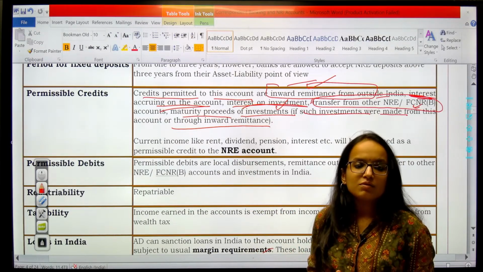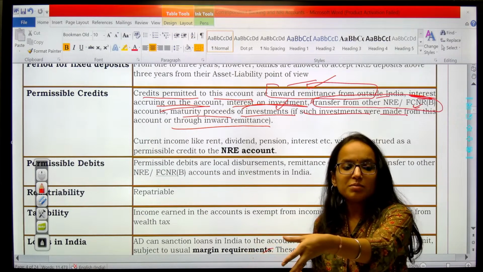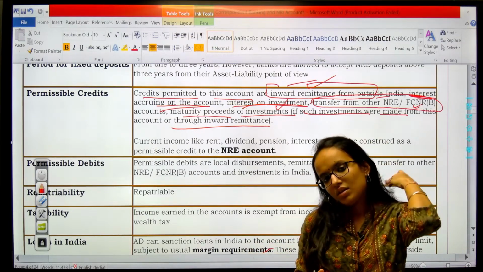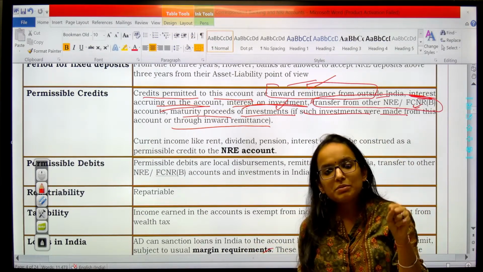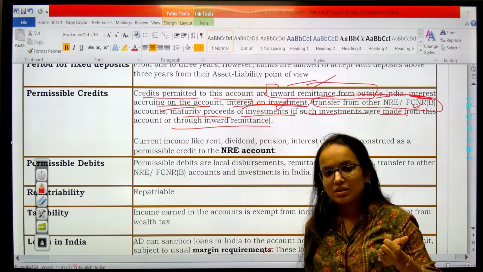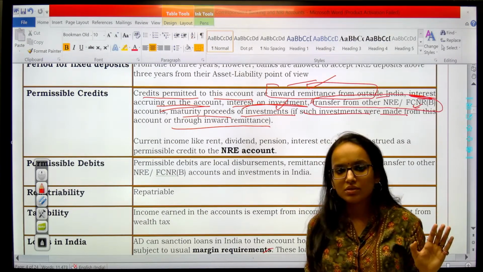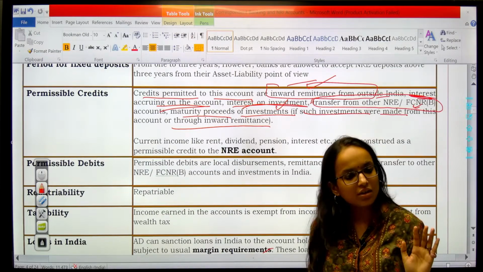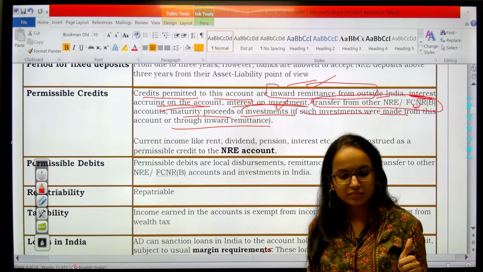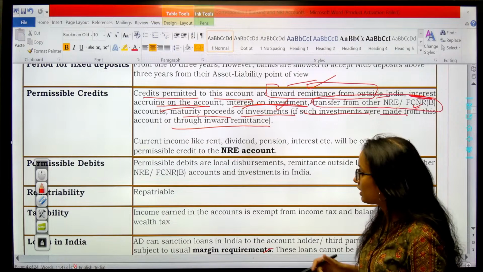Got this point? For example, someone has done some investment and the maturity proceeds, the earnings, are there, so that can be credited in the NRE account. Is that clear? Right? So this is the thing.